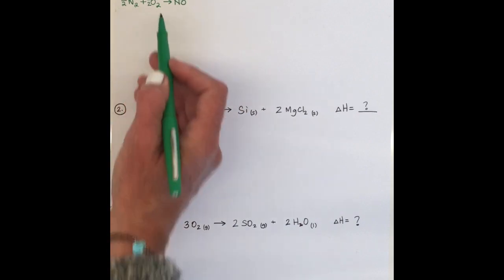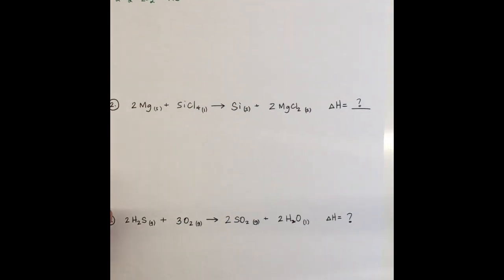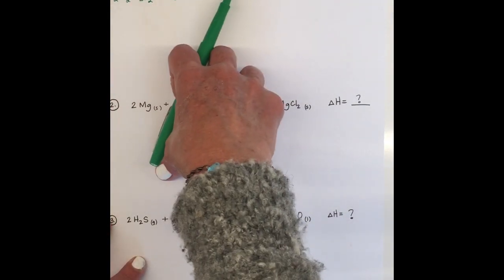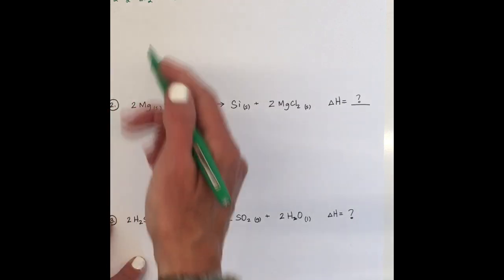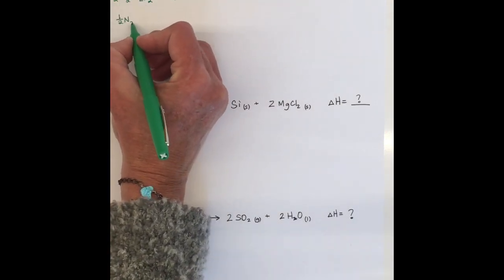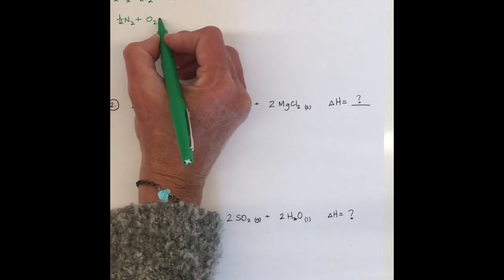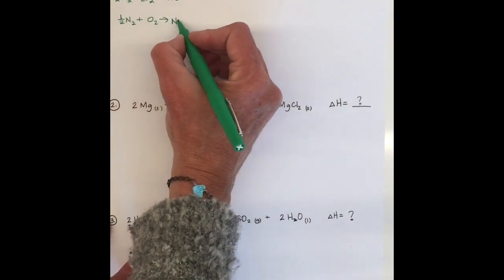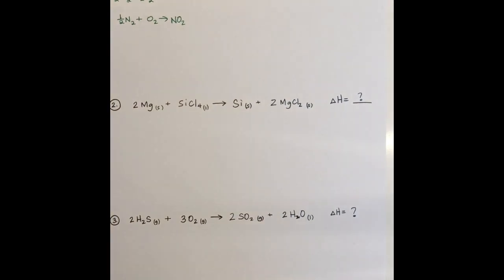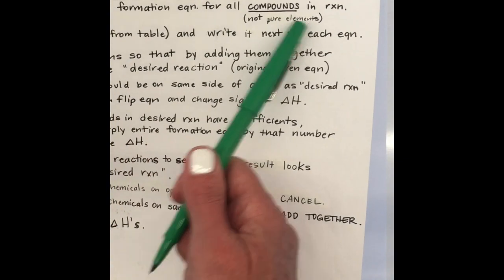And remember, those are diatomics, so that's N2 and O2, and I have to cut them in half for balance. The other compound is NO2, so the formation equation for that is going to be 1/2 N2 plus O2 make NO2. All right, that's step 1, right? The formation equation for the compounds in the reaction.